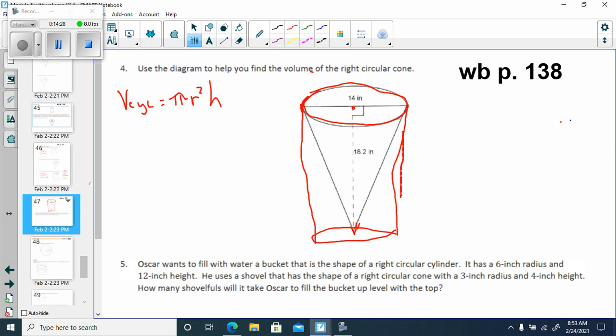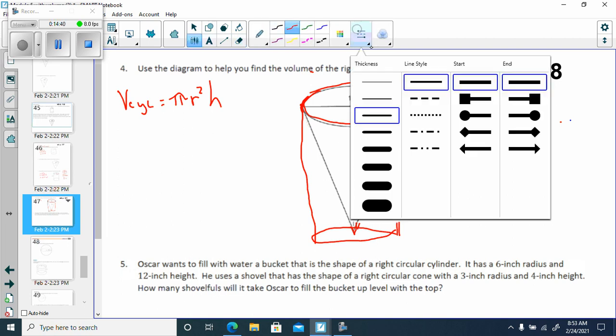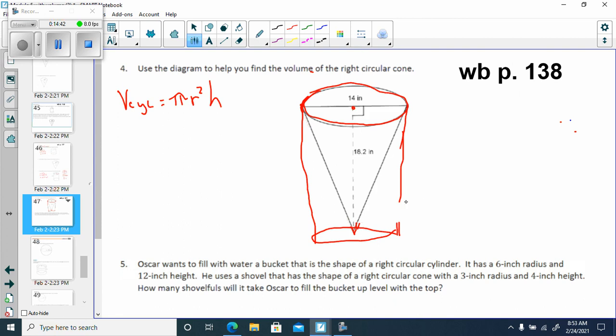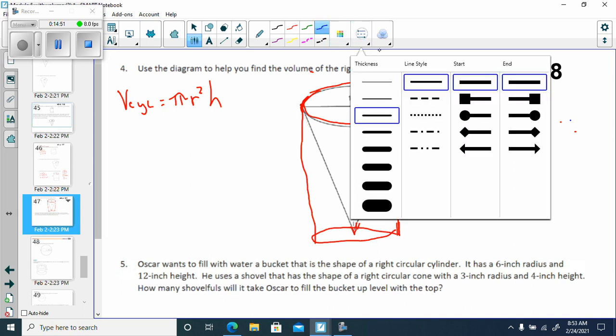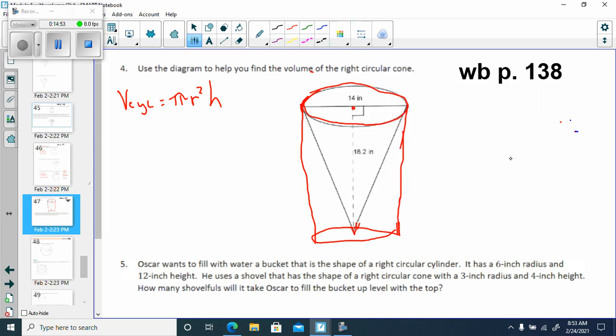I didn't draw that very good, did I? Okay. Fix this just a little bit. I can't draw. We know this. All right. This being the case, guys, let's look at the cone and the cylinder.